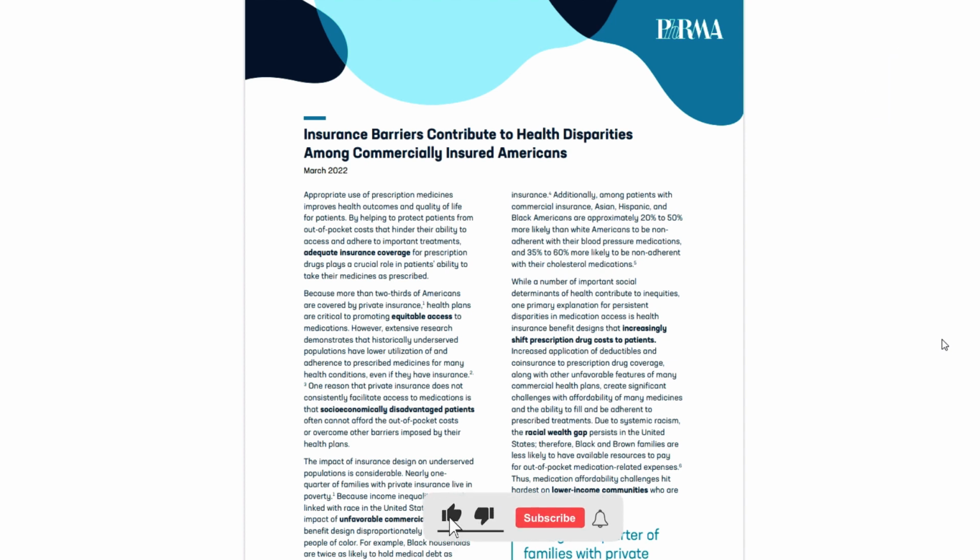Due to systemic racism, racial wealth gaps persisted in the United States, and therefore Black and Brown families are likely to have fewer resources to pay for out-of-pocket medication-related expenses. Thus medication affordability challenges hit hardest on lower-income communities who are disproportionately non-white.